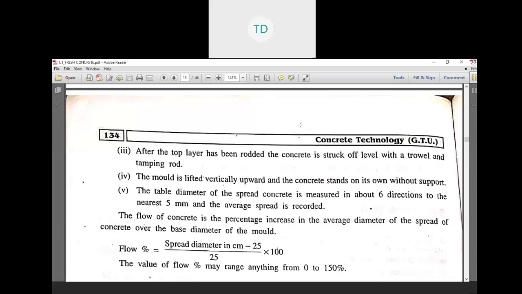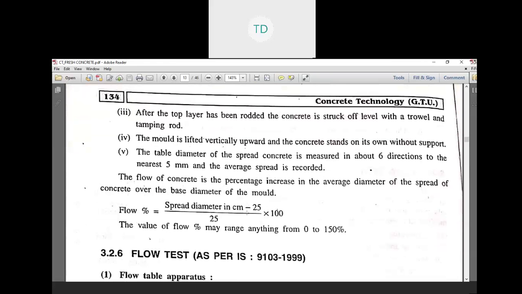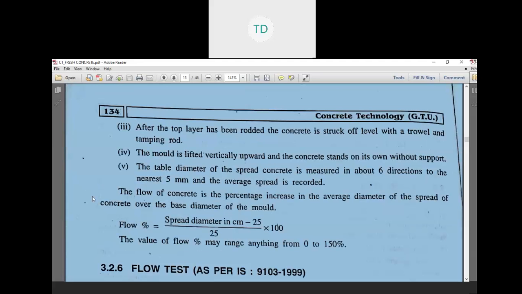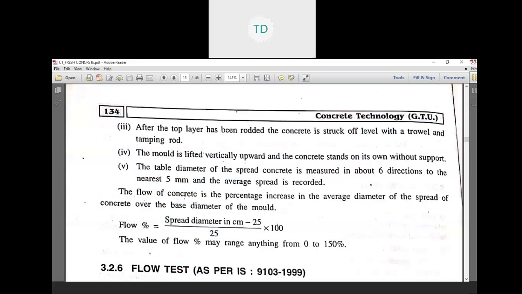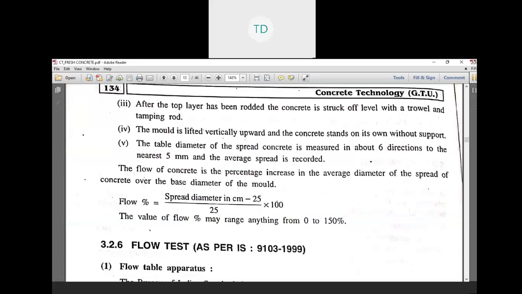The diameter of the spread concrete is measured in about 6 directions to the nearest 5 mm and the average spread is recorded. The flow of concrete is the percentage increase in the average diameter of the spread of the concrete over the base diameter of the mold.